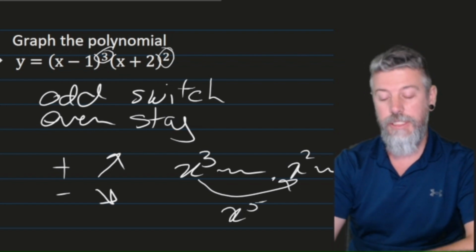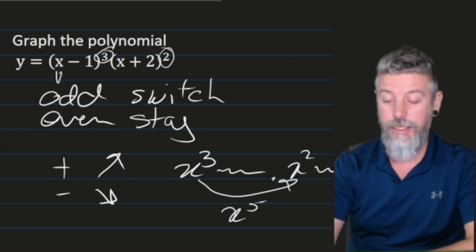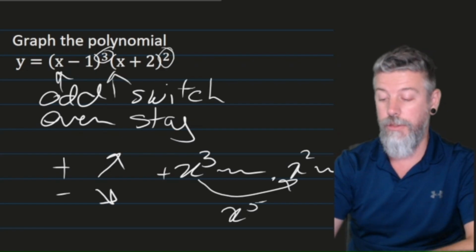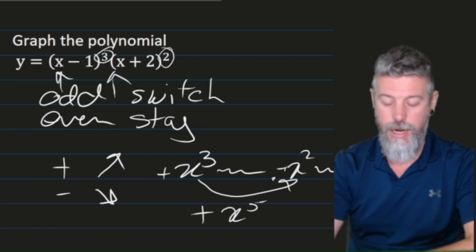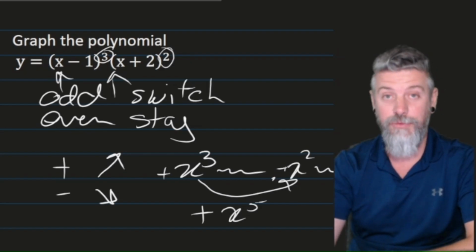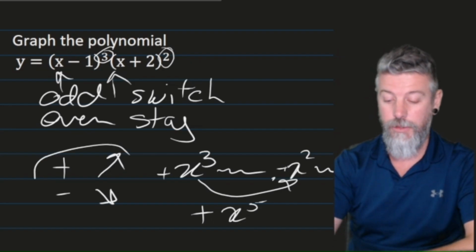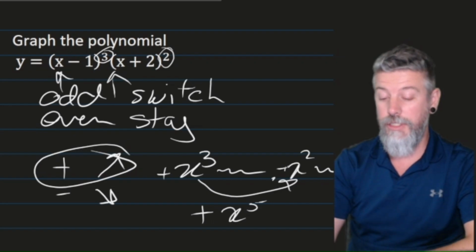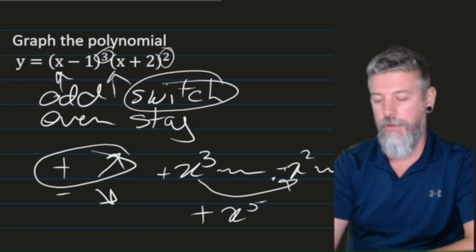We can also see whether it's going to be positive or negative. The terms in here are going to give us a positive x, and the other one is also going to give us a positive x, and a positive times a positive is going to give us some sort of positive polynomial of degree 5. So we've got that information so far. It's positive, so it's going to go up to the right. It's degree 5, so it's going to switch. All right, so we've got that information.